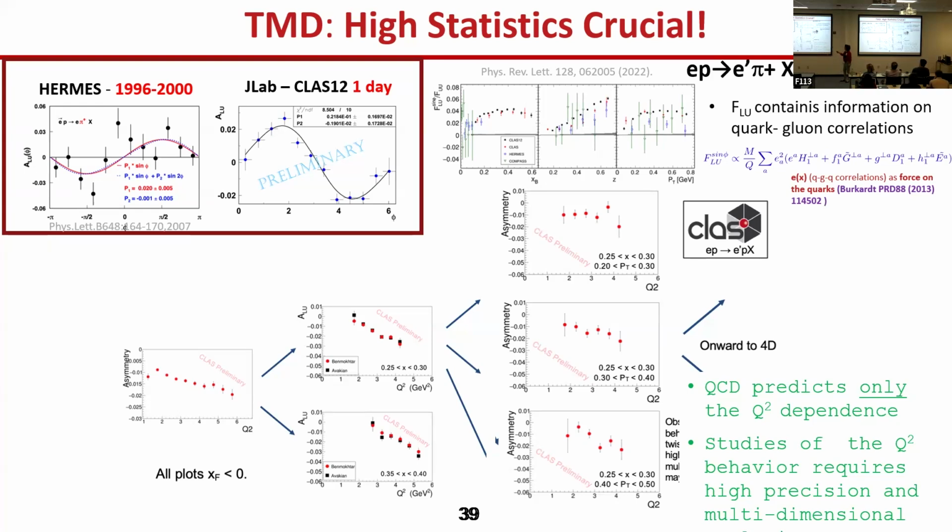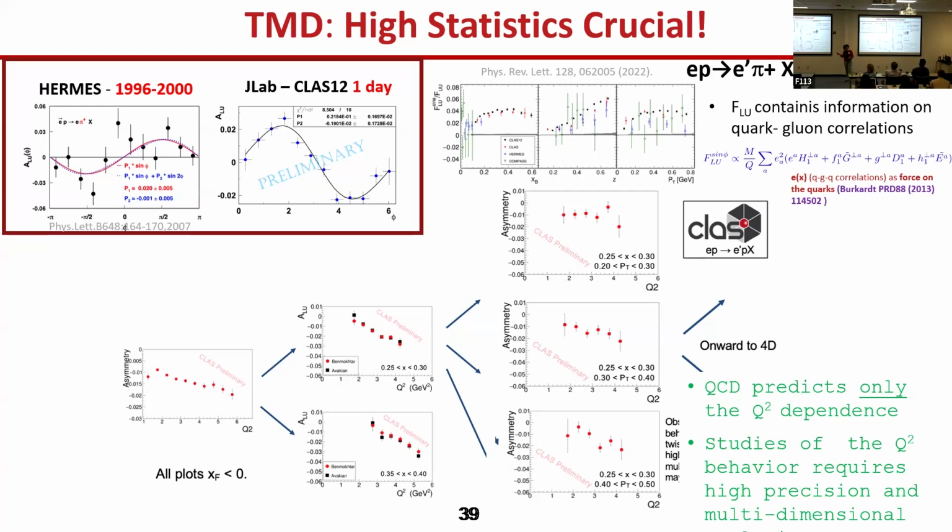And here are the final results. And you see what I was saying. If you integrate out all the variables, you can have a certain behavior versus Q squared. But if I want to see the Q squared dependence, which is very important, for different x, for different PT, for different Z, for instance, you see that the behavior is different from this.